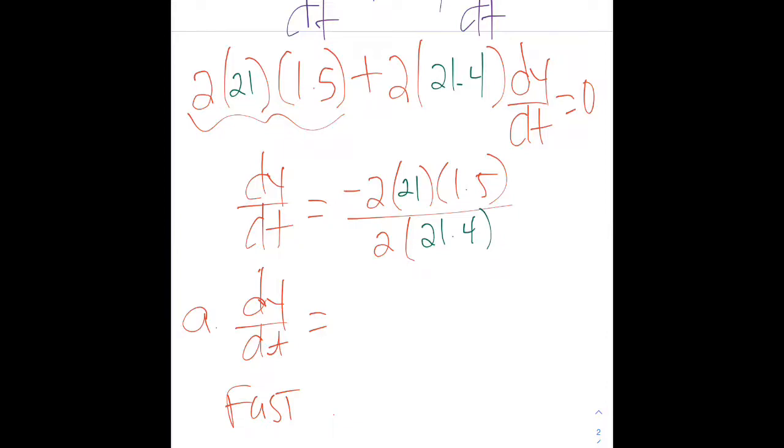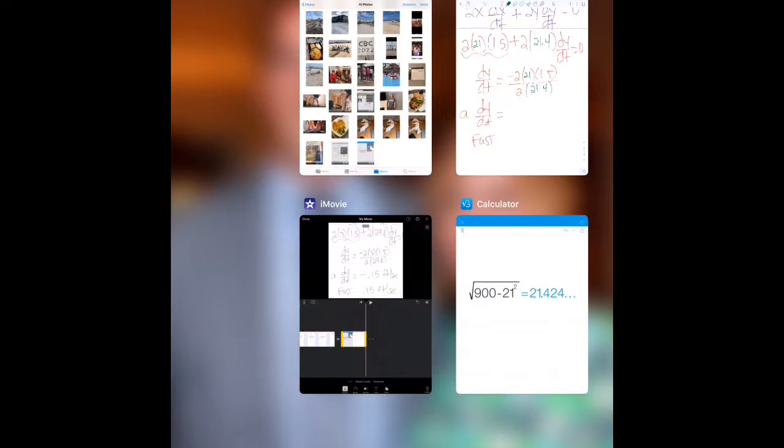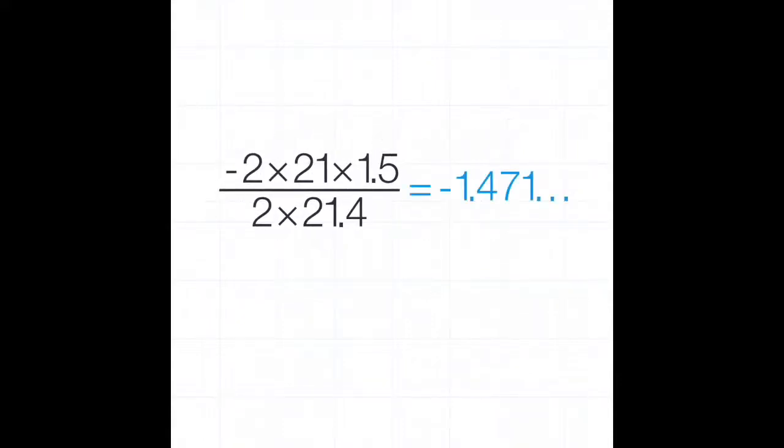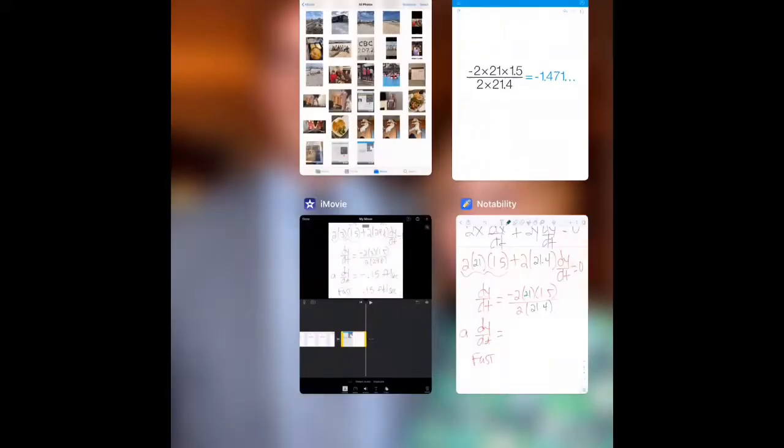All right, so let's see if I have any calculator issues. Typing this in has kind of been an irritating piece here. So I'm going to have negative 2 times 21 times 1.5 all over 2 times 21.4. And that gives me negative 1.47.